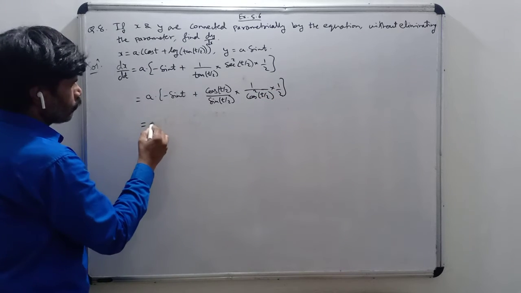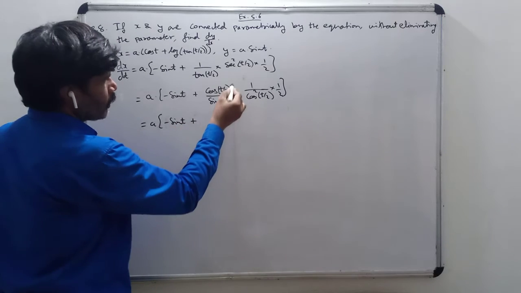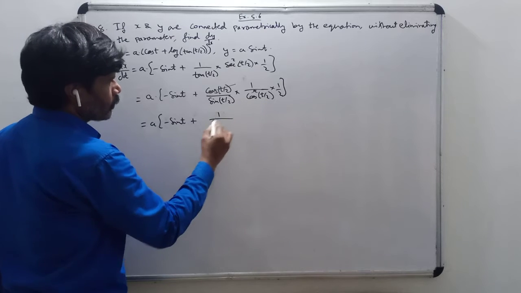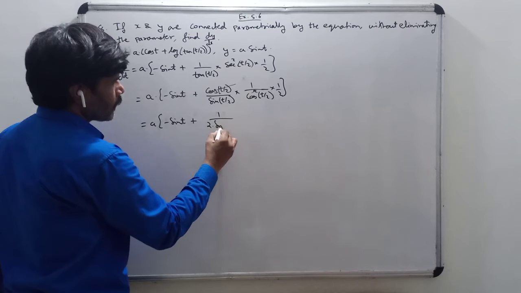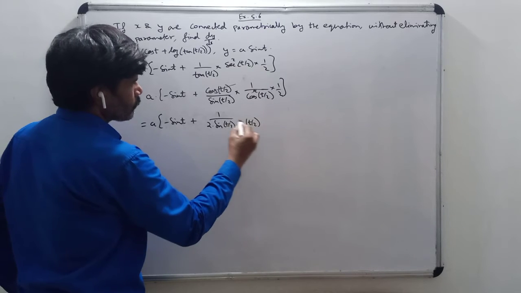So that is equal to a, minus sin t, plus 1; cos t by 2 will get cancelled. What is left in the numerator? 1 upon 2 first, then sin t by 2 into cos t by 2.